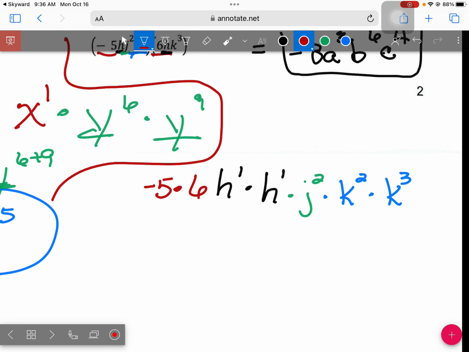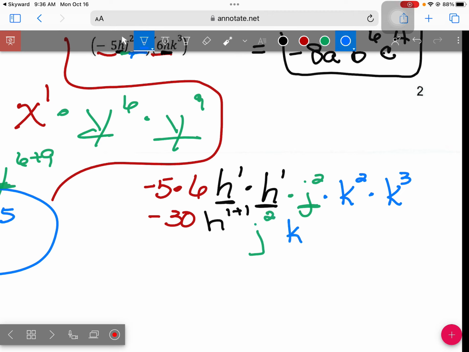So -5 times 6 is -30. I have 2 powers with the same base, and we are multiplying them. So you keep the base, add the exponents. J, that's the only j there. You just keep it as j to the 2nd power.